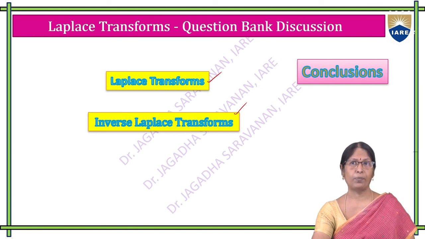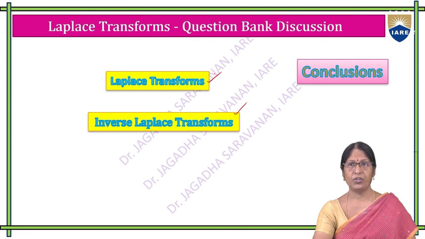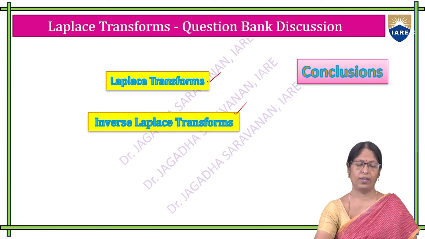The Laplace or inverse of two or more functions can be written as the sum of each. And we discussed so many properties: first shifting, second shifting, multiplication by t and division by t, integral theorem and derivatives. Everything we discussed under Laplace and inverse Laplace also.